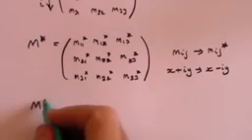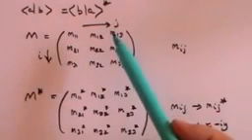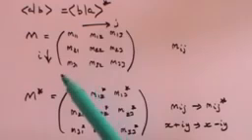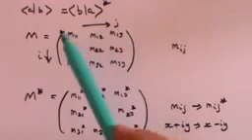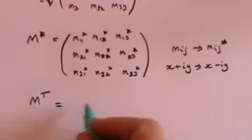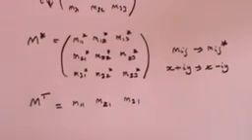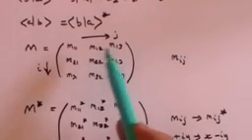Now I'm going to introduce you to the transpose of the matrix. All you do here is you interchange rows and columns. The diagonals stay the same, but the matrix essentially flips over. So the rows become columns and the columns become rows. So MT now becomes M11, M21, M31, as opposed to, you'll notice, M11, M12, M13.